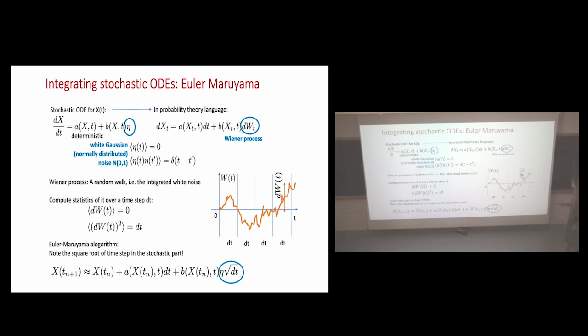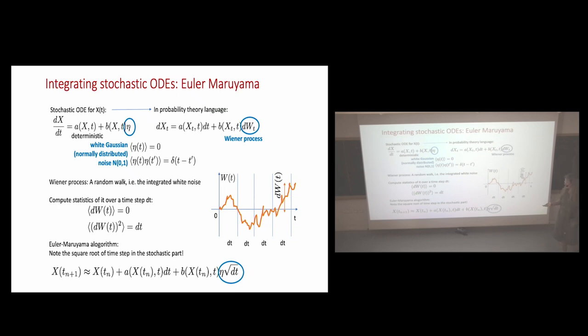So this has consequences, because the W(t) average is 0, but its square average isn't 0. For my algorithm to integrate this correctly, I need to scale the noise in the stochastic part so that it's consistent with the Wiener process.